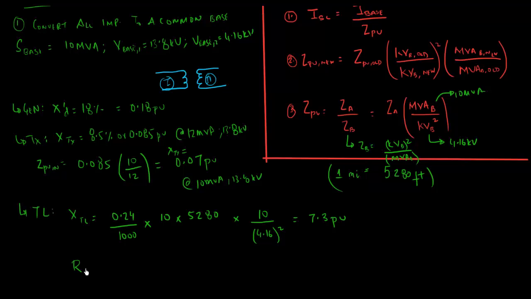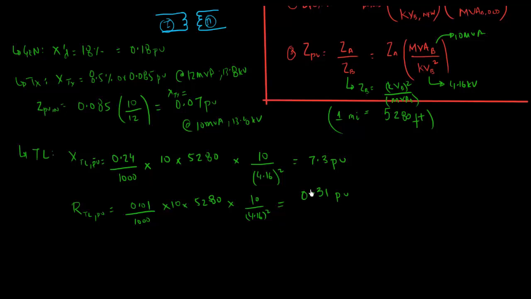Similarly, your resistance value, which is also in per unit, should be 0.01 per 1,000 feet times 10 miles of the line times 5280 to convert it into feet times 10 MVA over 4.16 kV square, and this should give you a value of 0.31 per unit.